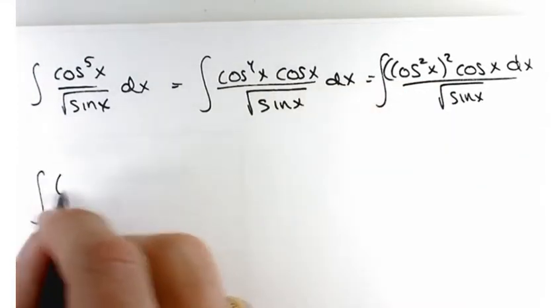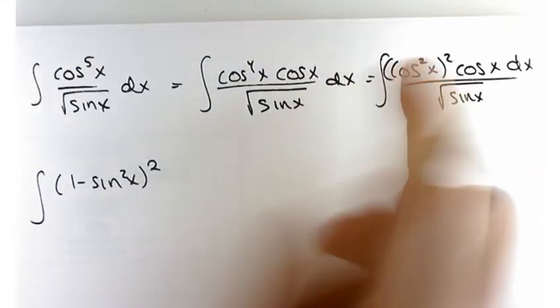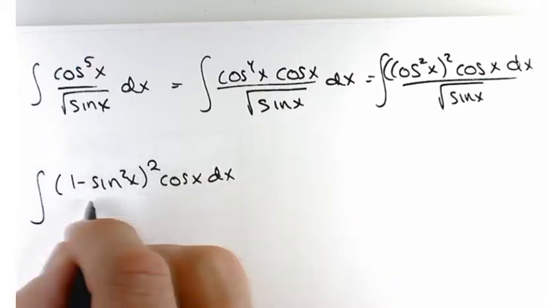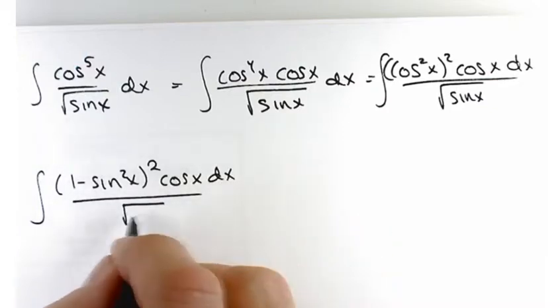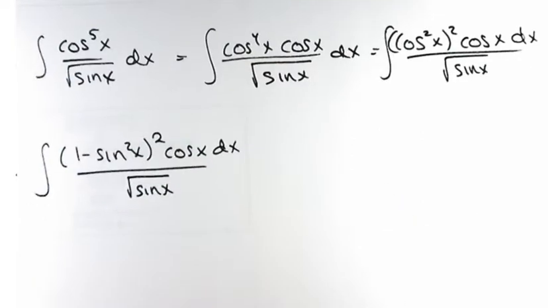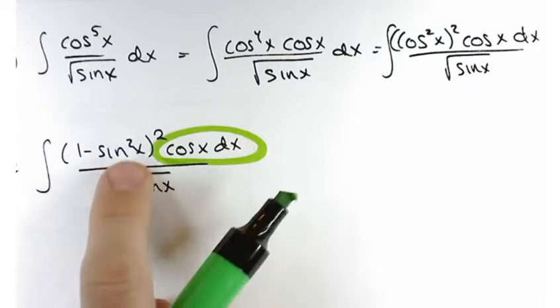So the integral of 1 minus sine squared of x, squared, times cosine of x dx over the square root of sine of x. All right, so now I'm in good shape because I manufactured my du term right here. That's my du term, and now I can let u equal sine of x.